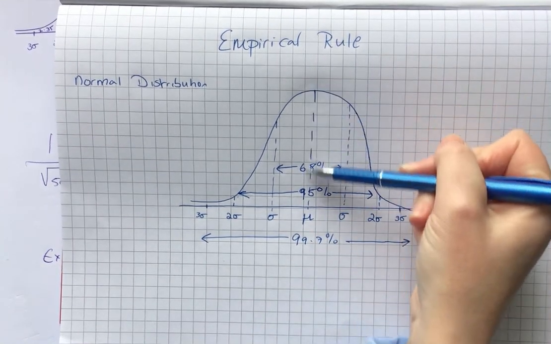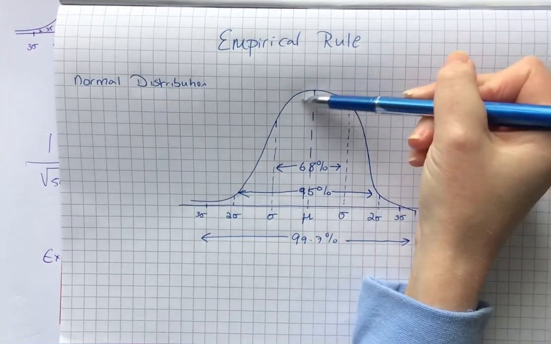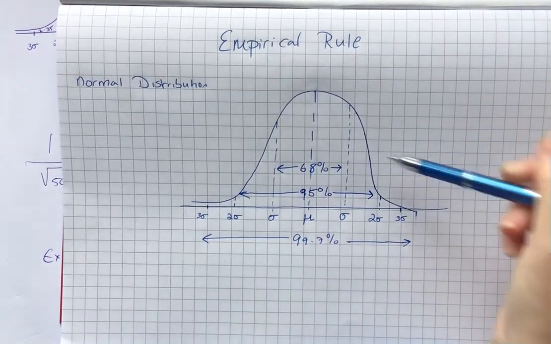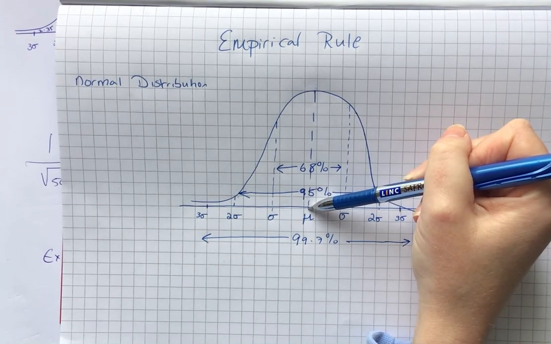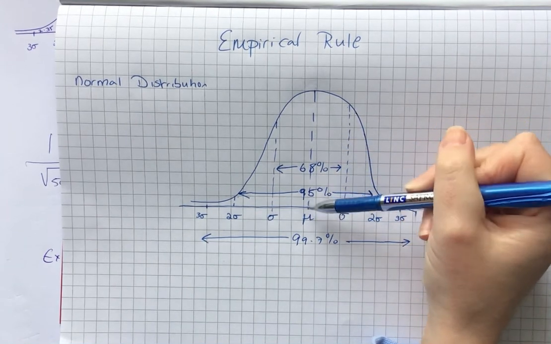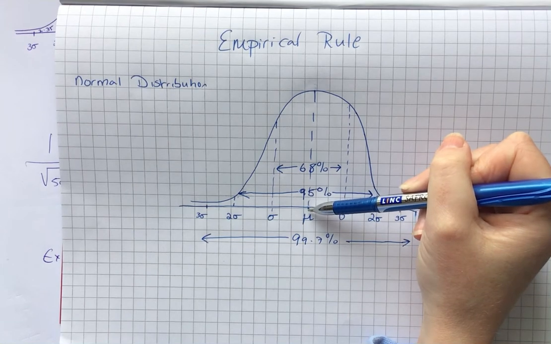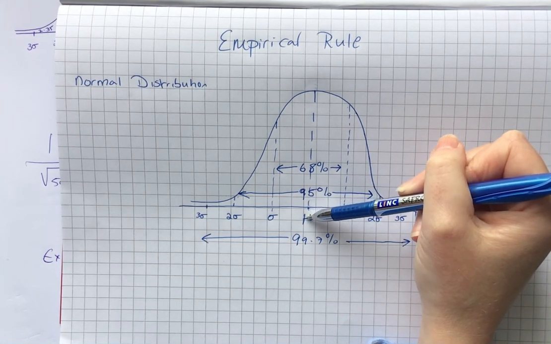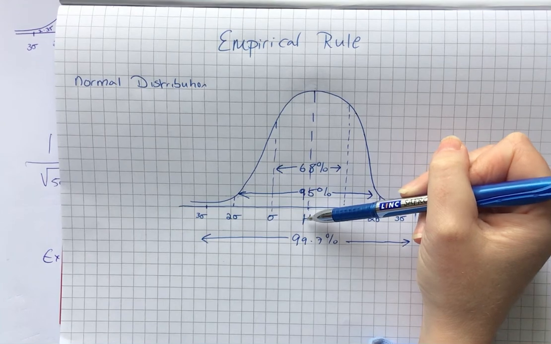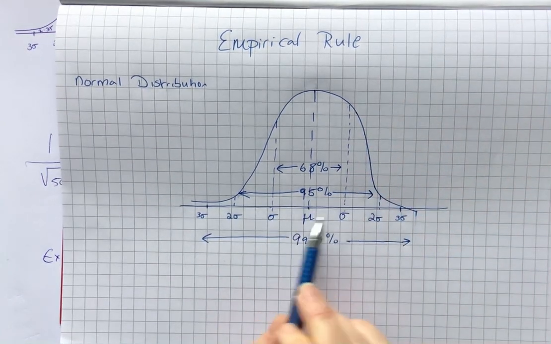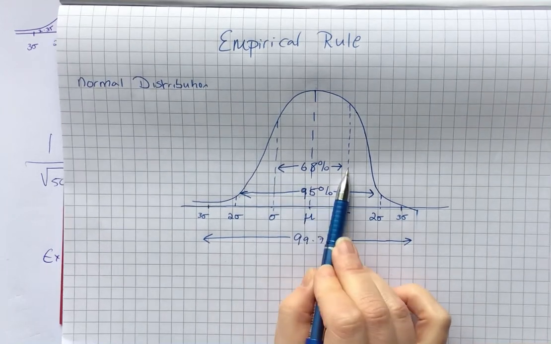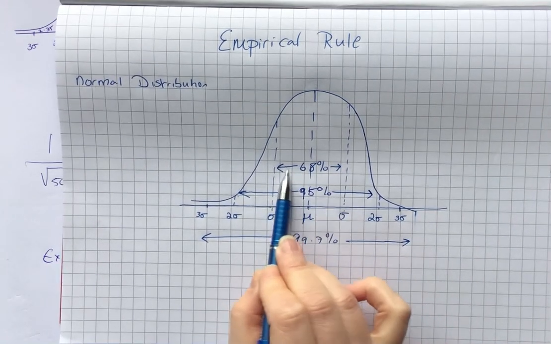So if you remember from before Easter, here is our normal distribution shape. We have our middle value here, which is called our mean, all right? So we'd say a lot of our data lies around the mean. Over years and years of studying, they have found that within one standard deviation of the mean, plus and minus one standard deviation of the mean, 68% of all your data will lie there.